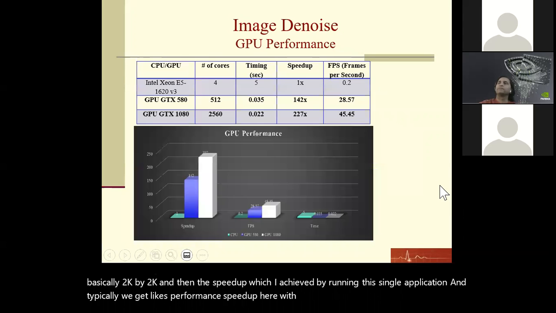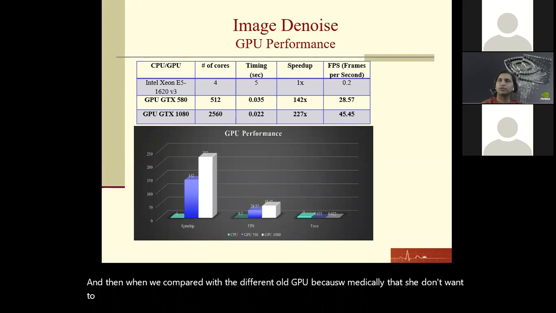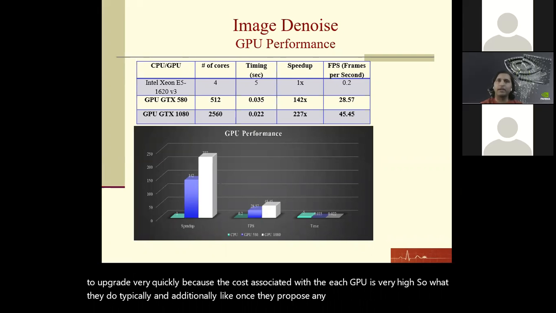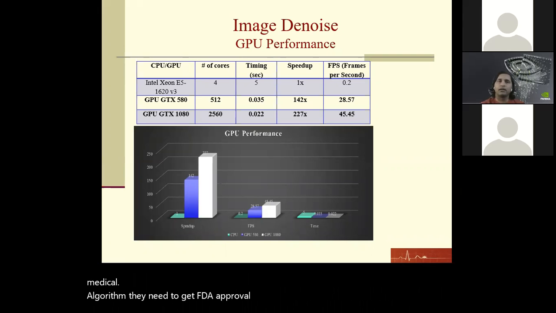When we compare with different older GPUs, it's because the medical industry doesn't want to upgrade very quickly, since the cost associated with each GPU is very high. Additionally, once they propose any medical equipment or medical algorithm, they need to get FDA approval, the Food and Drug Administration.